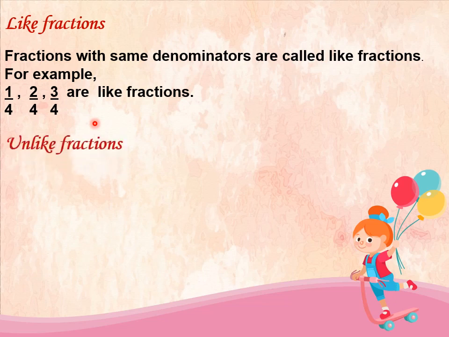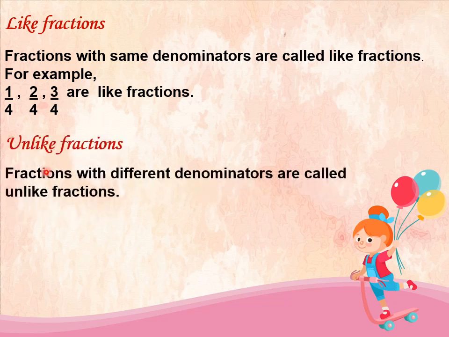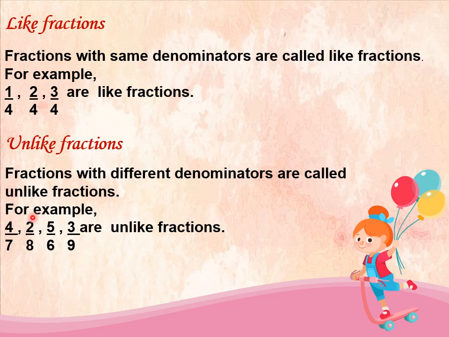Now next, unlike fractions. Fractions with different denominators are called unlike fractions. For example, 4 upon 7, 2 upon 8, 5 upon 6, 3 upon 9 are unlike fractions. Here the denominators are different, so they are called unlike fractions.